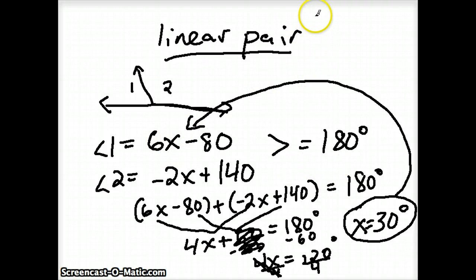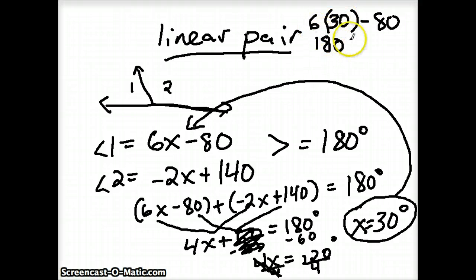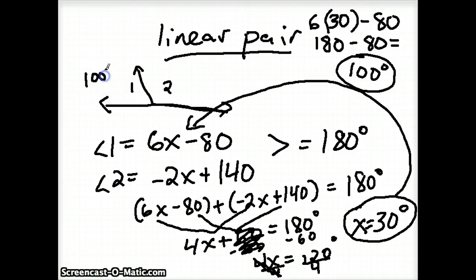So let's do it up here. 6 times x, or 6 times 30, minus 80 will tell me what angle 1 is. 6 times 30, well 6 times 3 is 18, and we just got to put that 0 on the end there. And we get 180. 180 minus 80 equals, I hope you think, 100 degrees. So angle 1 is 100 degrees.